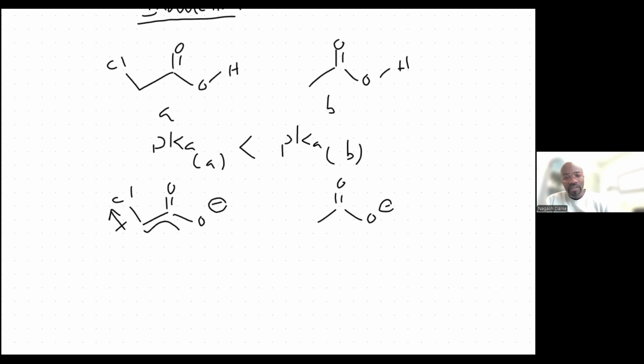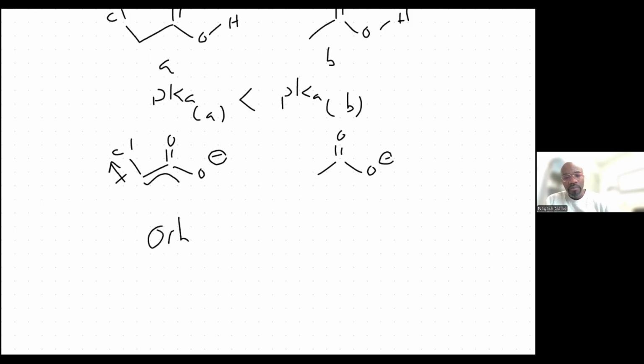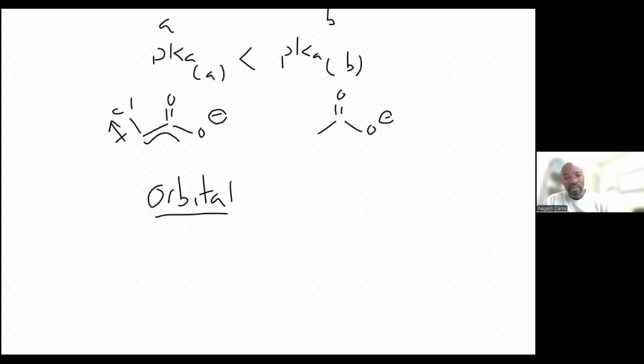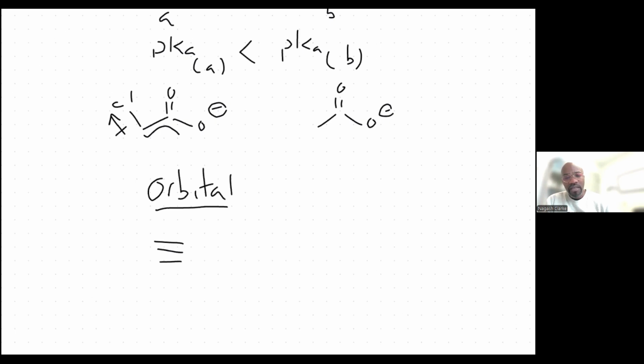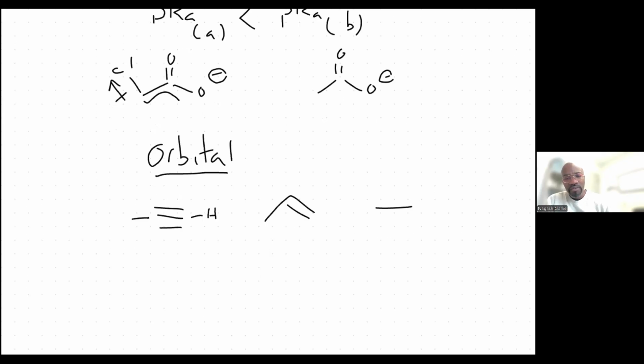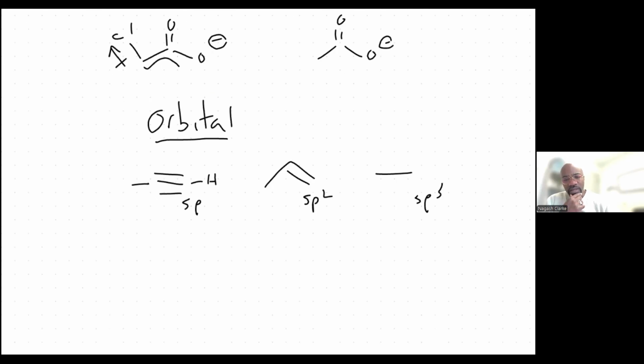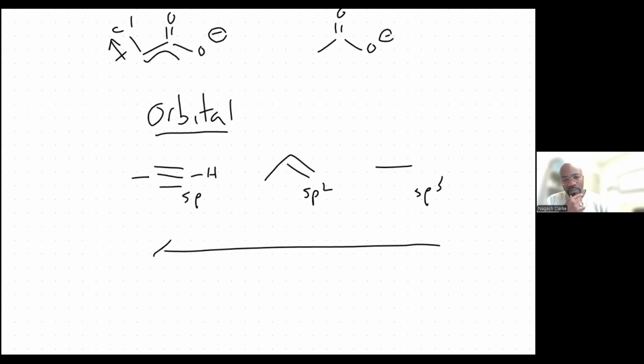And then the last thing is orbital. So again, let's take an alkyne, an alkene, and an alkane. So I have sp hybridization here, sp2, sp3. So my pKa decreases in the direction of the alkyne.